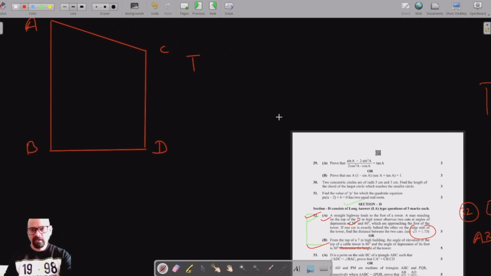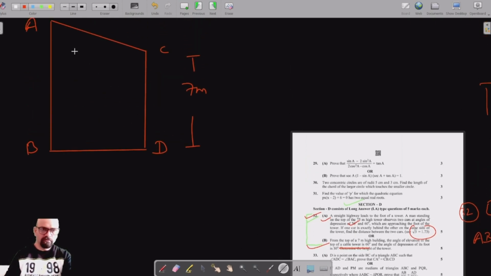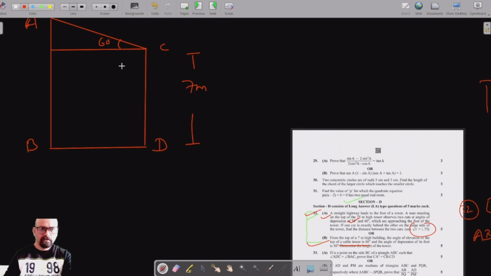It's given that the height of the building is 7 meters, so this is 7 meters, and the angle of elevation to the top of the tower is 60 degrees, so this angle is 60 degrees, and the angle of depression of its foot is 30 degrees. From the top, the angle of depression to the foot of the tower is 30 degrees, and this is B.